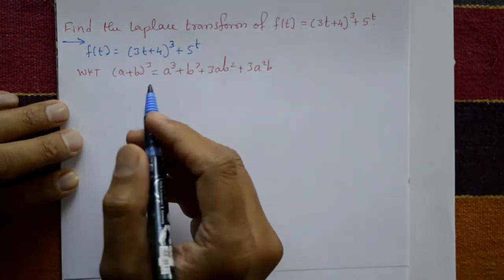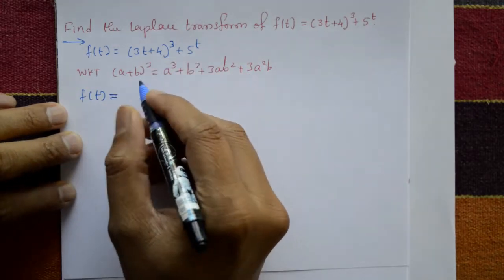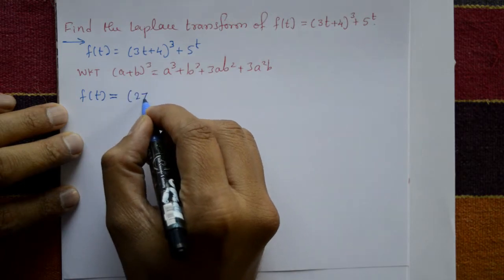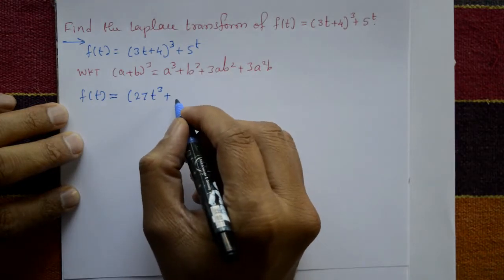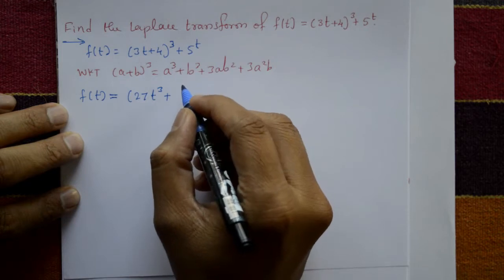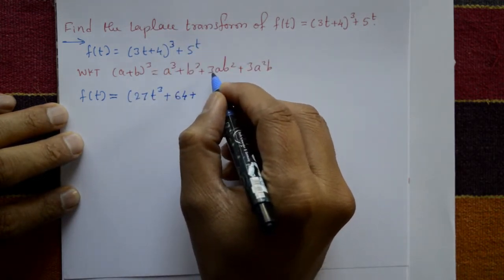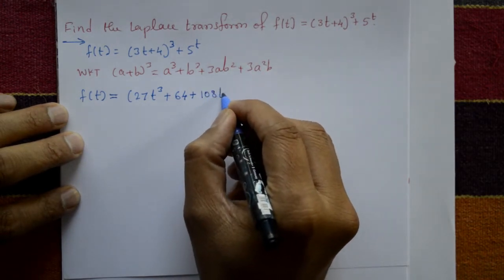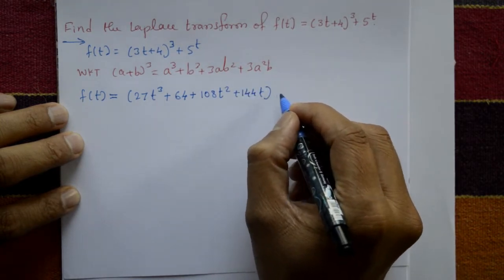This is the standard formula, and f of t is equal to, using it here, a cube is (3t) whole cube, which is 27 t cube, plus b cube is 64, plus 3ab square is 108 t square, plus 3a square b is 144 t, plus 64.